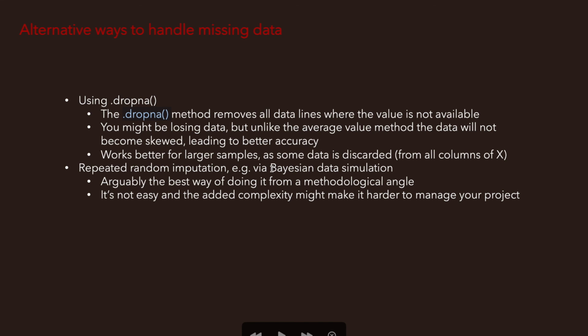The typical way to do it is via a Bayesian type simulation. That is fairly complex. So we're going to stick to the method that tends to work in real world settings, which is just putting the average value in. But if you have very limited data, that is a very good way of doing it. But it certainly adds a bit of complexity to handling that.